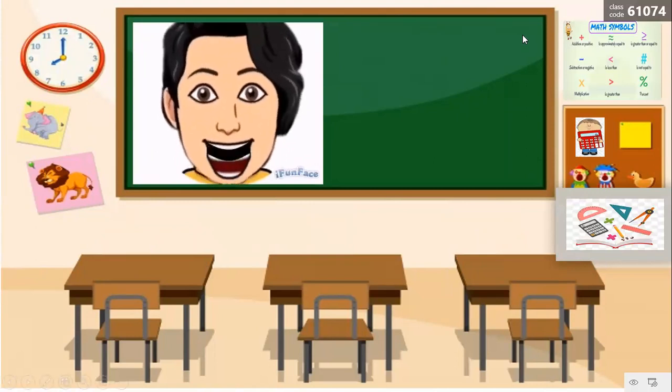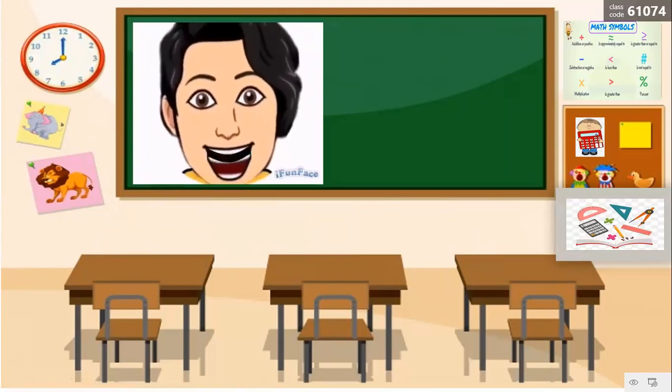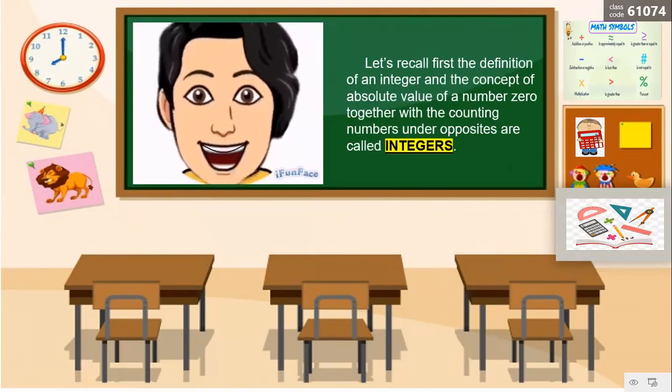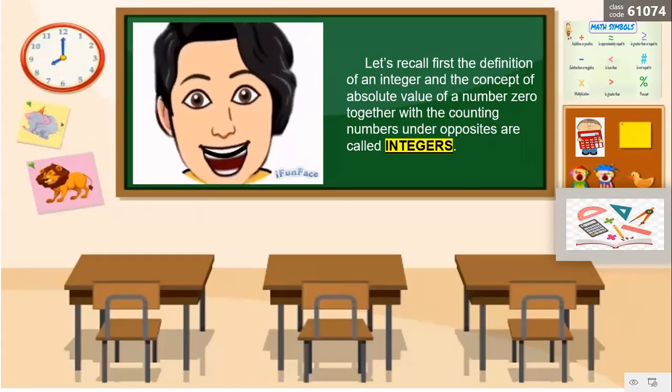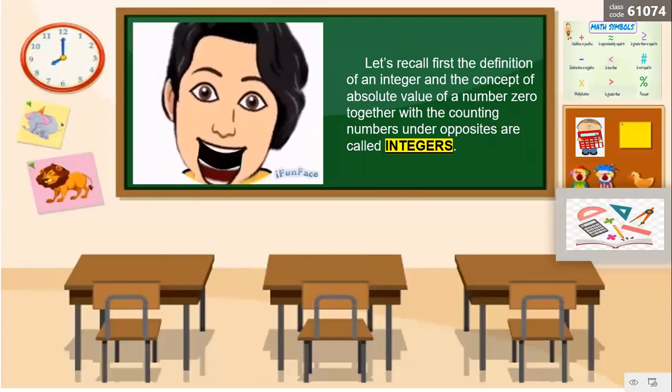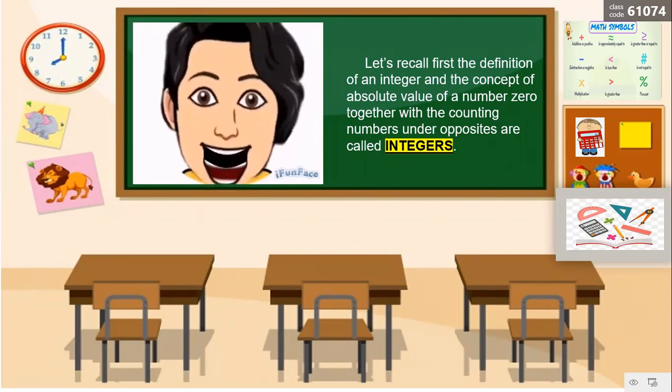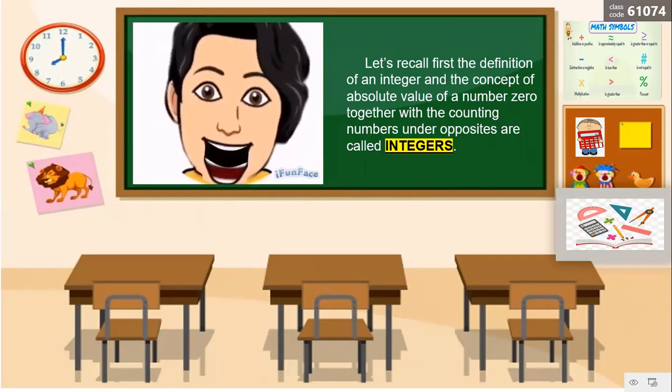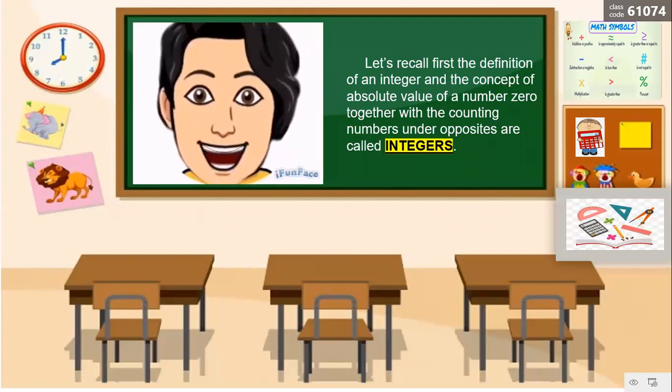Before we proceed to our main lesson, let's recall first the definition of an integer and the concept of absolute value of a number. 0 together with the counting numbers and their opposites are called integers.